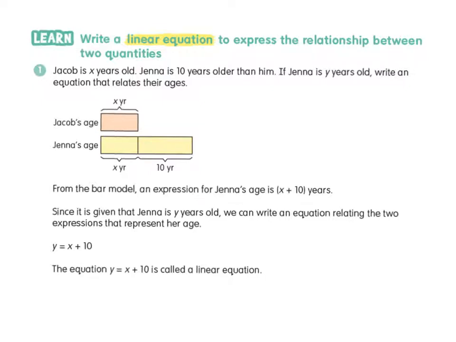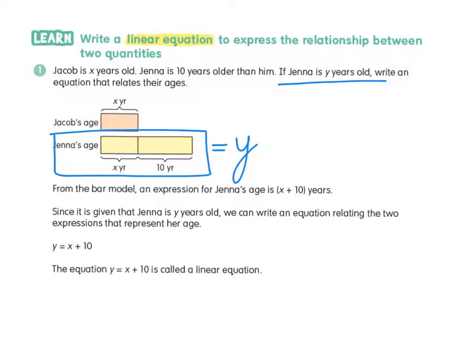Okay, now here's where we need to figure out how to write the equation. It says that Jenna is Y years old. So we're going to say that Jenna's age is equal to Y because Jenna is Y years old. Well, what was Jenna's age according to the bar model? It was X plus 10.